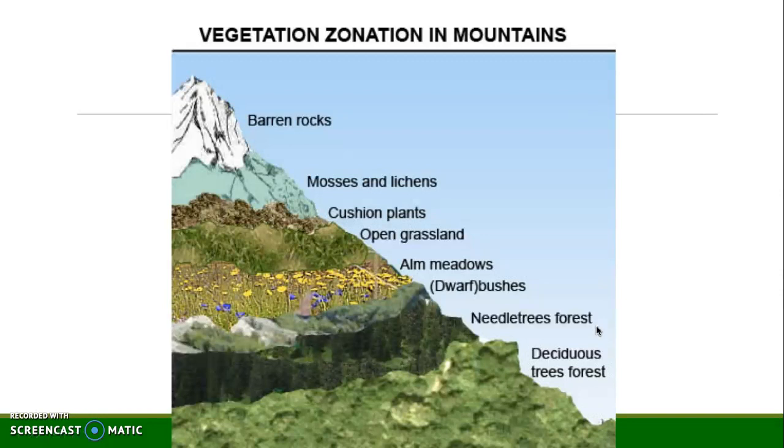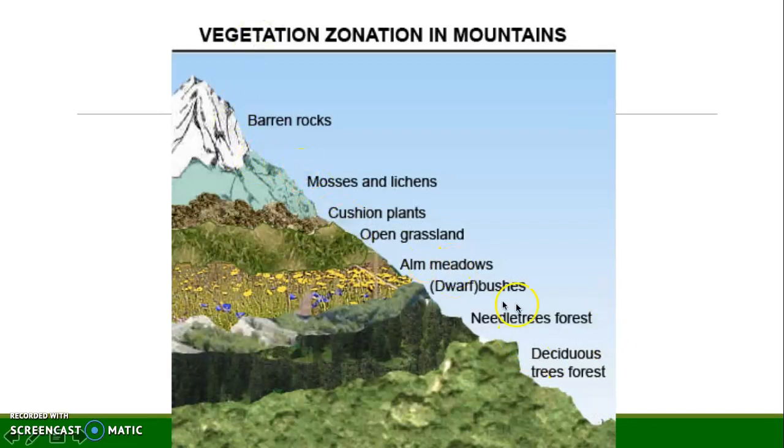Again, a similar example. So now we're looking at the mountain and we can see that same type of striation or striping as we go from the bottom of the mountain up toward the top of the mountain. So this is what we'd expect. As we're moving from the bottom toward the top, we have a colder environment. We're going to have less developed soils toward the top, and that impacts the things that can survive there.